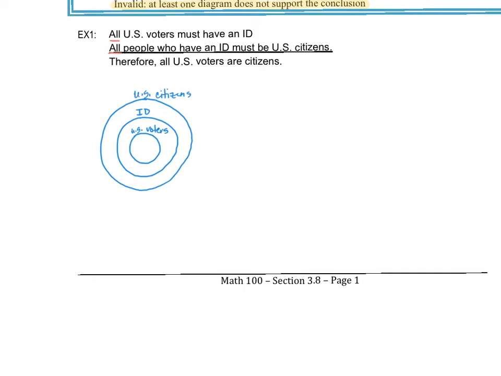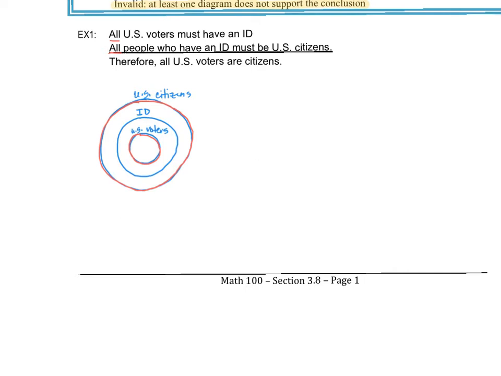Let's look at the conclusion. Does this diagram represent the conclusion that all U.S. voters are citizens? And yes, it does, because you notice that the set of U.S. voters is inside the set of U.S. citizens. So it supports my conclusion. It makes my conclusion true.